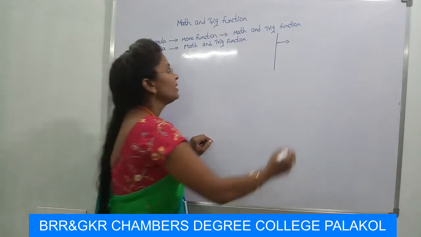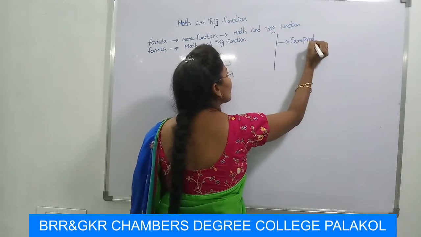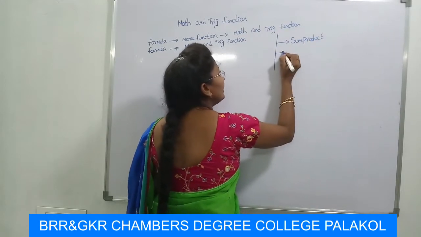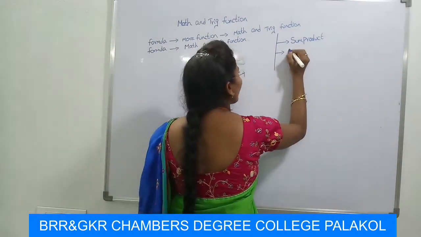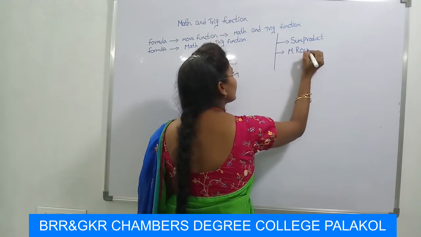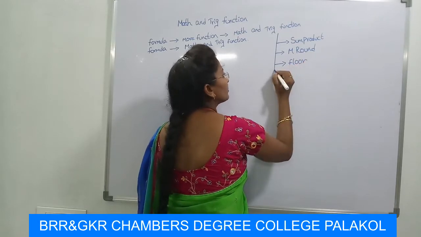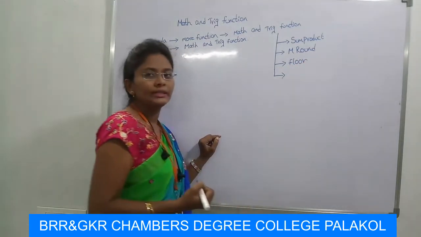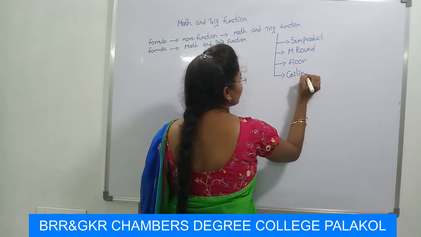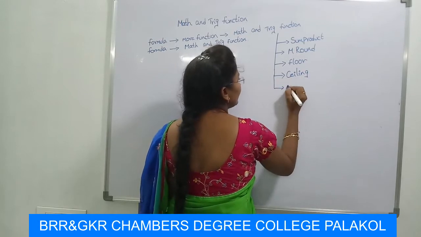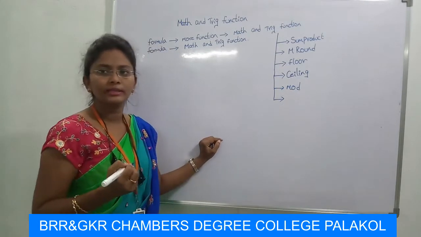First one is the sum product, and the second one is the M round, and third one is floor, and fourth one is ceiling, fifth one is mod and then the sixth one is the quotient.